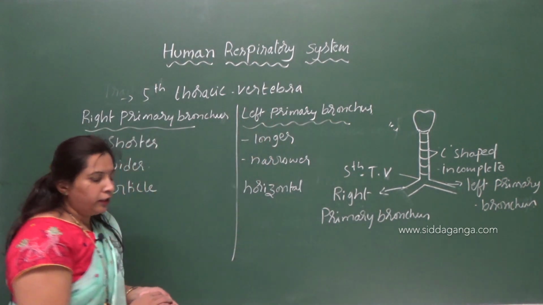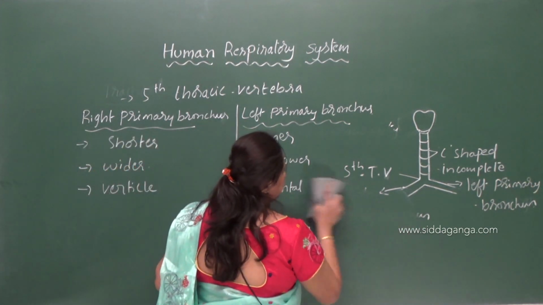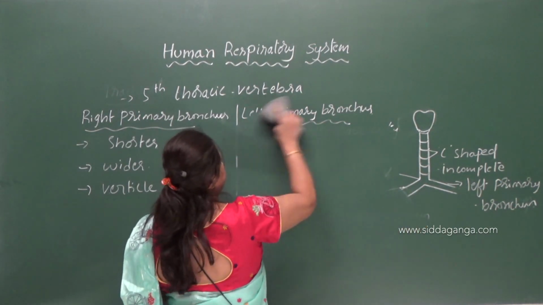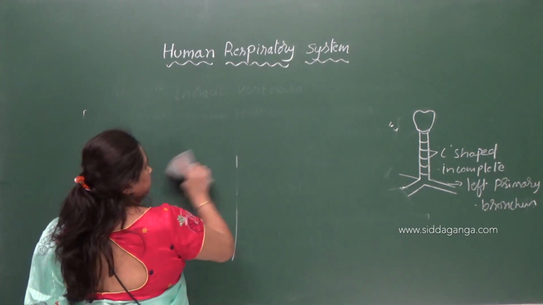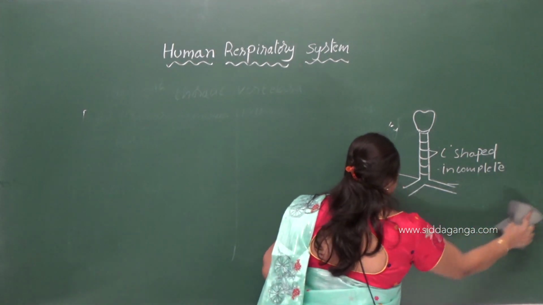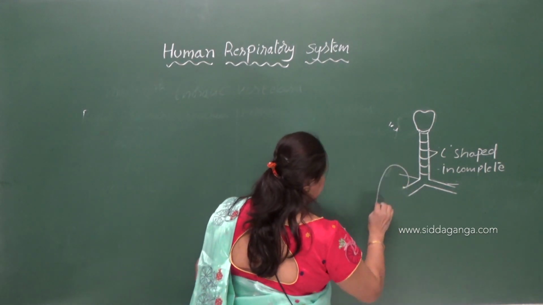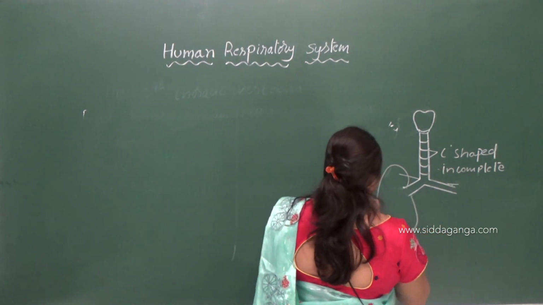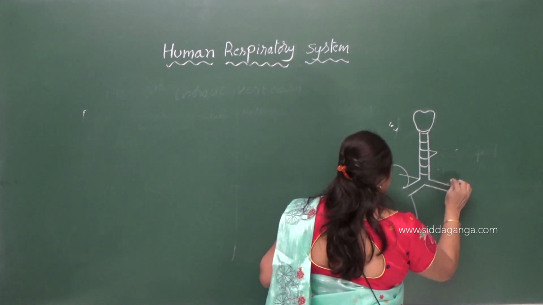Now, each primary bronchus will enter the respective lung. Here comes the right lung, and here comes the left lung.